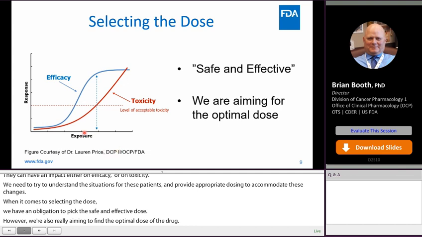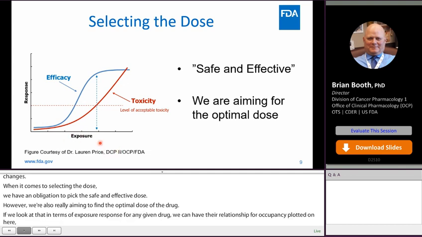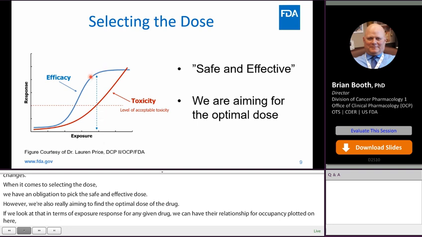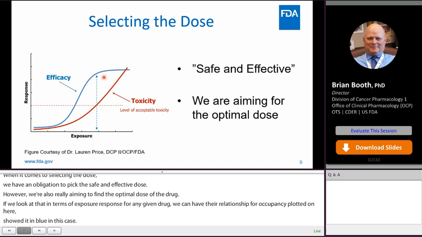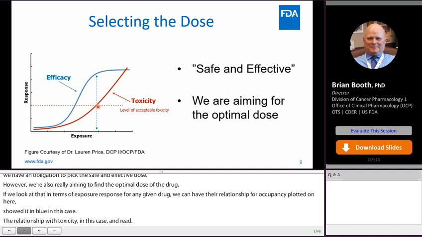And we're looking for the exposure of the drug, and the dose of the drug, that really leads to the maximal efficacy for the drug relative to the amount of toxicity that is acceptable in that patient population. And this is how we define the optimal dose of the drug.